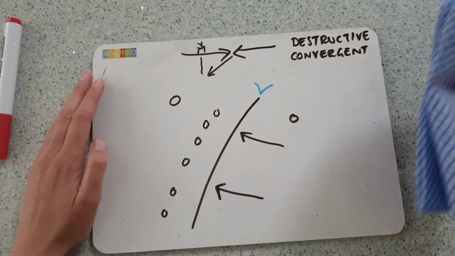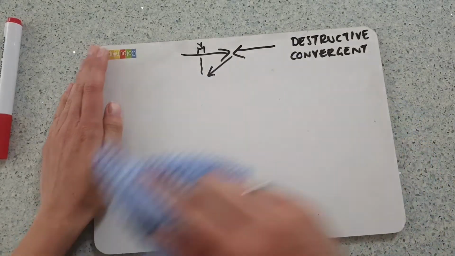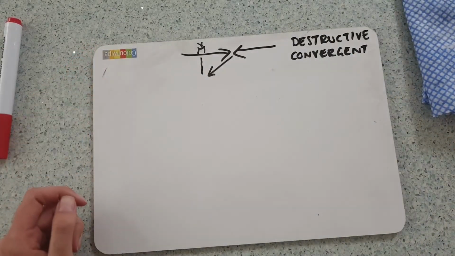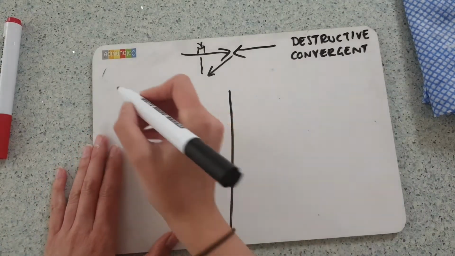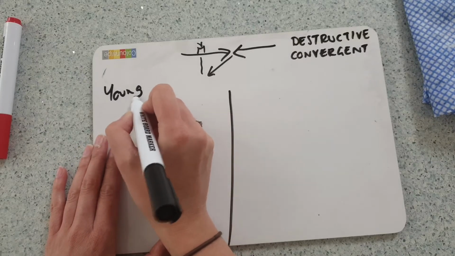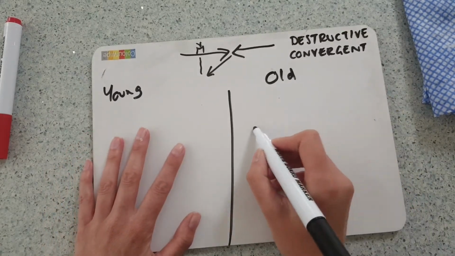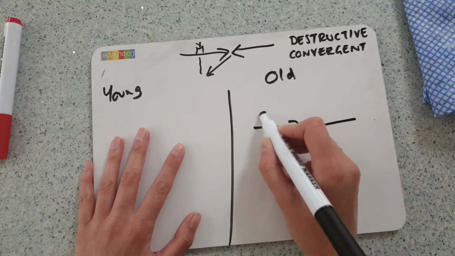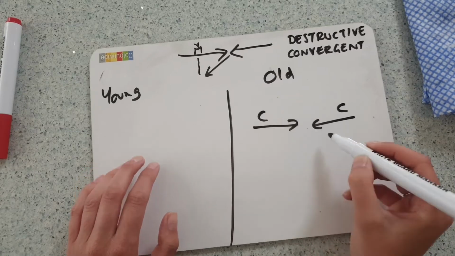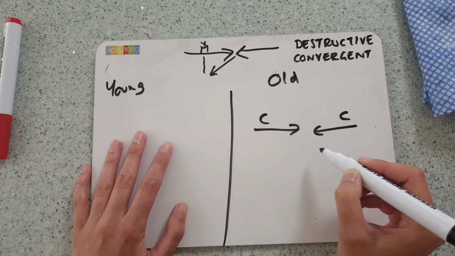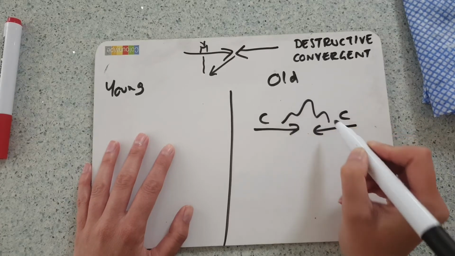Then fold mountains. So our final landform that we get along convergent boundaries are fold mountains. And unfortunately for you, there are two types of them. We get young fold mountains and we get old fold mountains. The old fold mountains are the easiest ones. We've already talked about these. Where we get two continental land masses coming together, neither one of them subducts, so one won't go beneath the other because they're a similar density, and instead they will simply crumple up and they'll form these mountains.